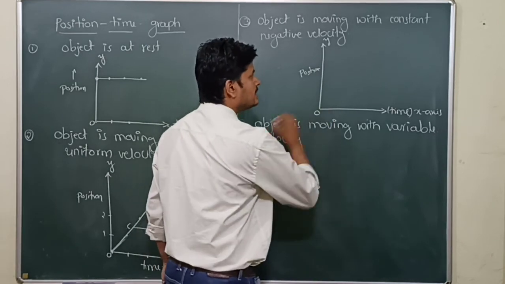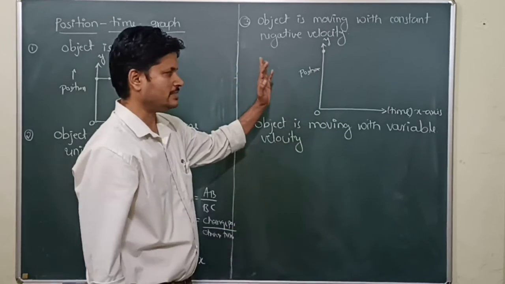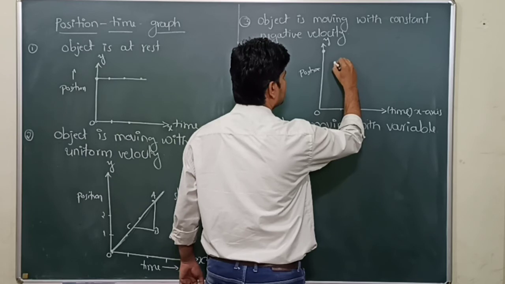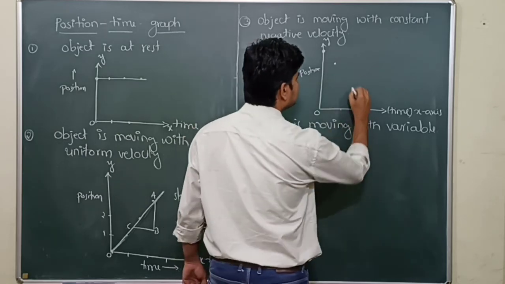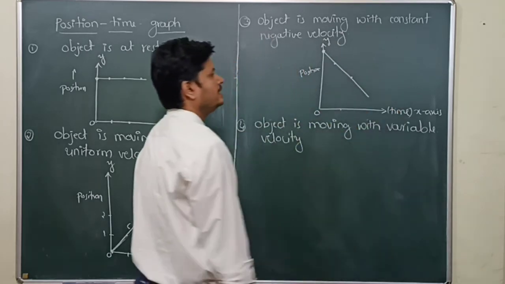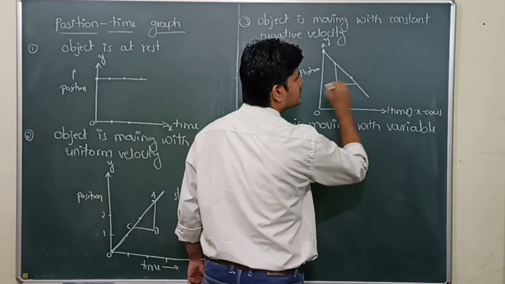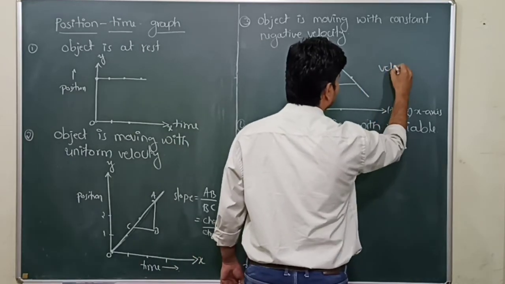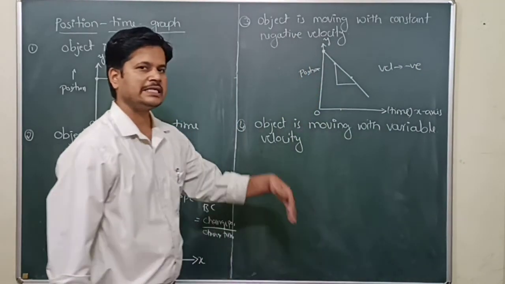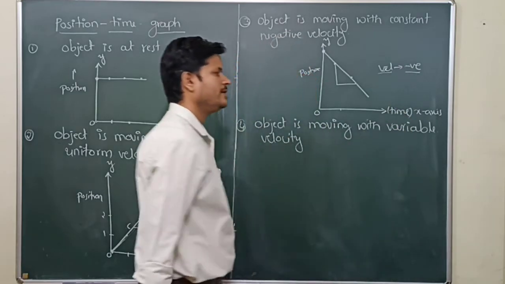At time t equals 0, the object position is somewhere here. After 1 second, the position reaches here. After 2 seconds, the object reaches here. Therefore, it gives a line like this. If you take the slope of this line, the velocity is negative.